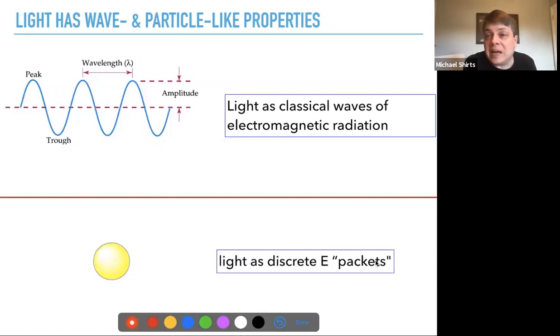That is a localized chunk of energy, not described as a wave like a water wave. And so that can be very confusing. Even in this class, we're not going to get into all the situations where it behaves like a packet and all the situations where it behaves like electromagnetic radiation. We're going to look at those phenomena in particular areas that are important to chemistry and their interaction with atoms.